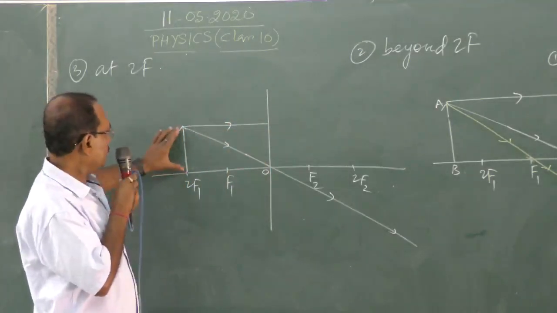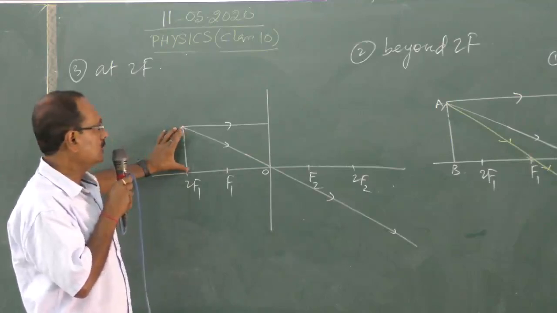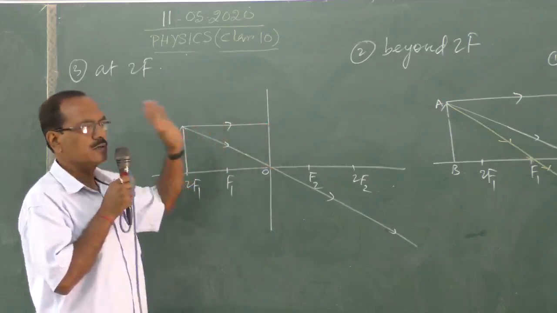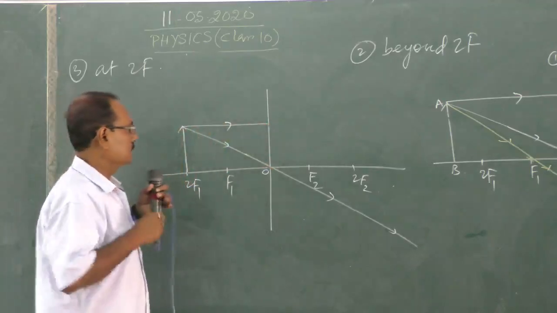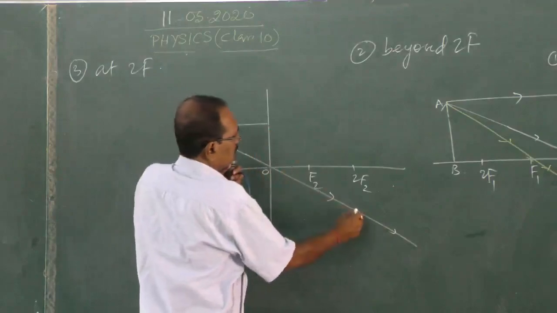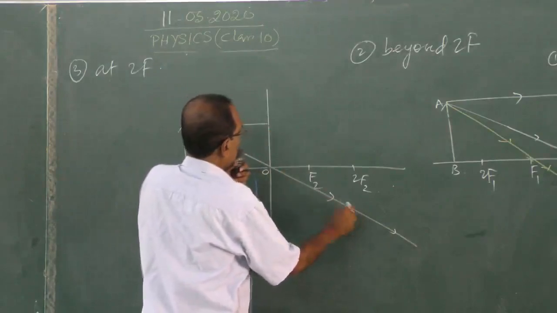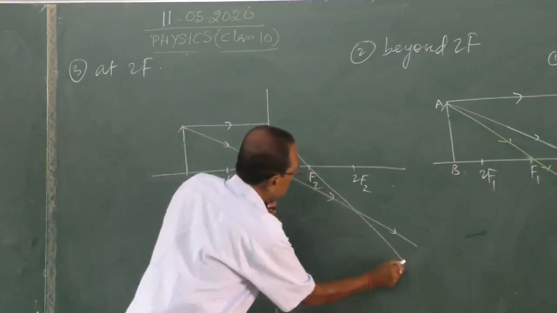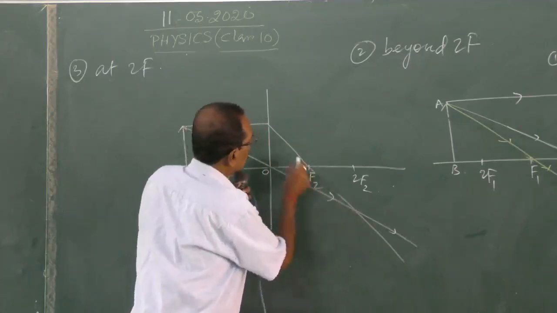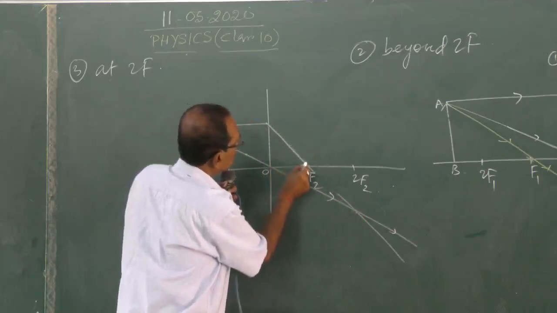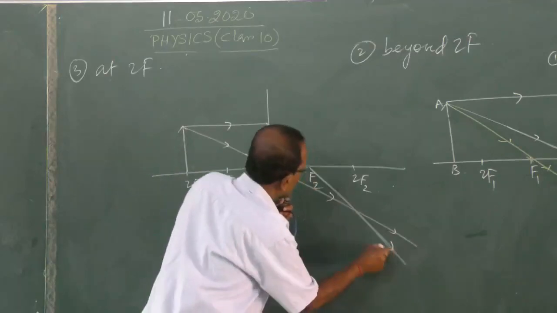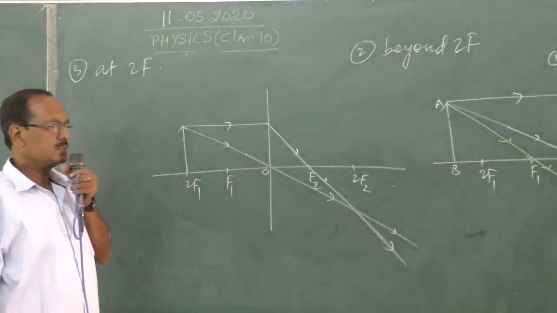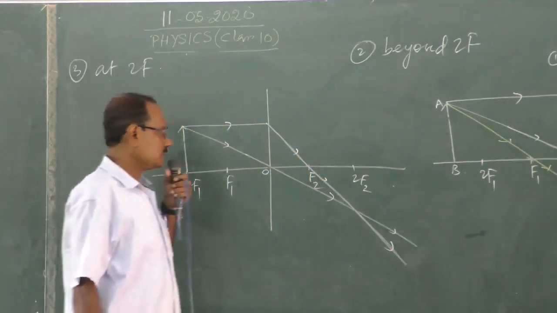To draw a parallel line, you measure this height, and the same you measure over here, then you join these 2 points and you will get a parallel line. After refraction this ray will pass through the principal focus.